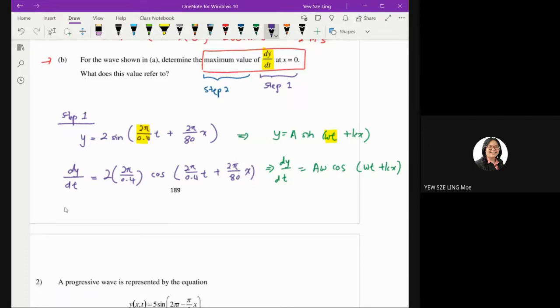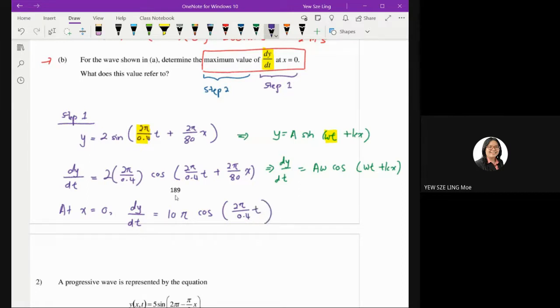Now at x equals 0, this is what we want to do. At x equals 0, you substitute the value 0 into the equation. Eventually, you will obtain dy over dt equals 10 pi cos (2 pi over 0.4 t).